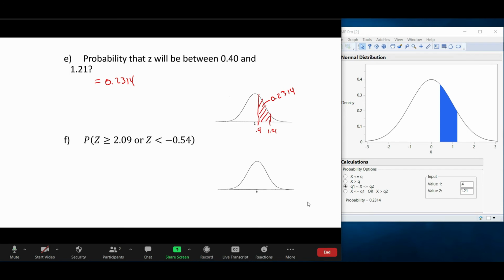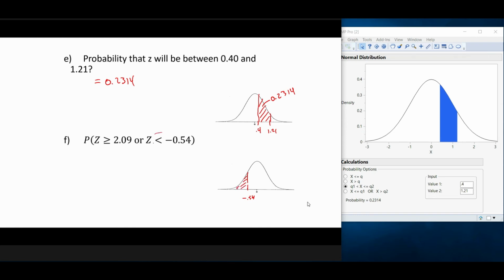So here's z less than, there's negative 0.54. And we want z less than that. And notice that it's strictly less than, but it doesn't matter if it was z less than or equal to negative 0.54, that would be equal to z strictly less than negative 0.54.